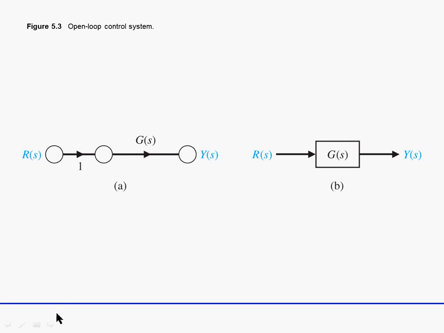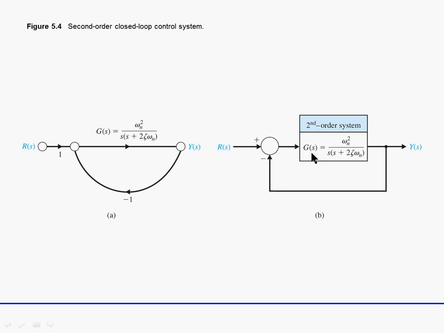What we have in block diagram representation is the open loop control system. If you have a second order system, let's say in the form of this transfer function, you could actually feed back the output, compare it with the input, and then any correction will need to be done on the system.